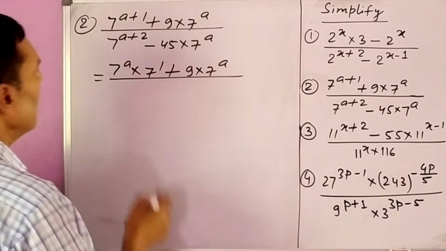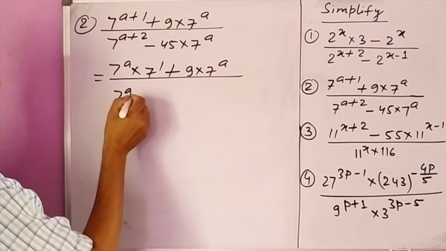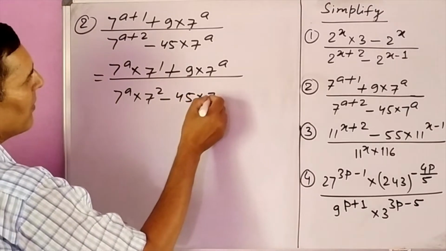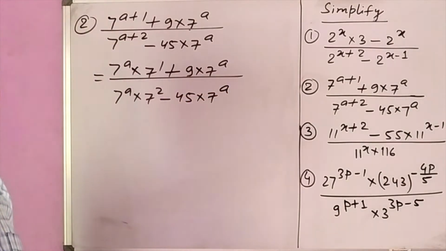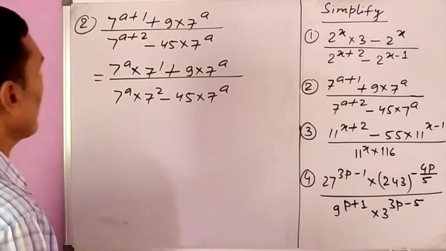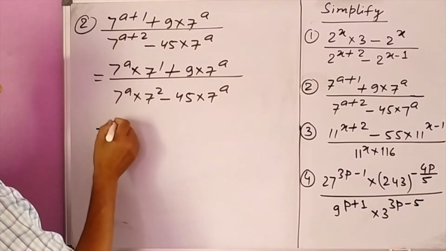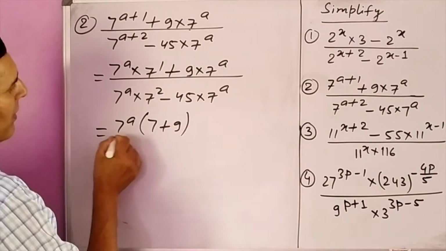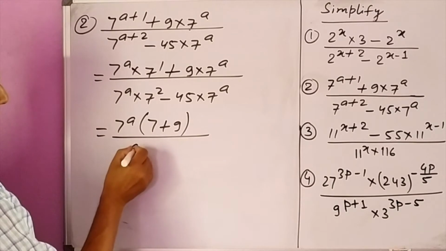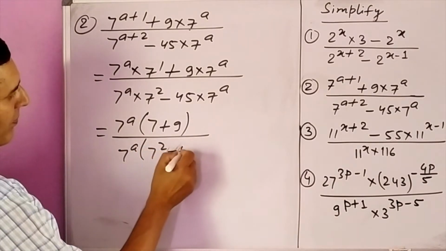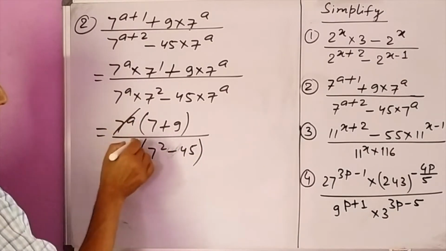In the denominator, we do the same in the first term: 7 to the power a into 7 to the power 2, minus 45 into 7 to the power a. Now you can see both in numerator and denominator, we can take 7 to the power a common. So 7 plus 9 divided by 7 square minus 45, and 7 to the power a cancels.